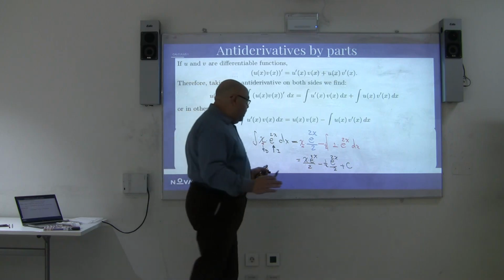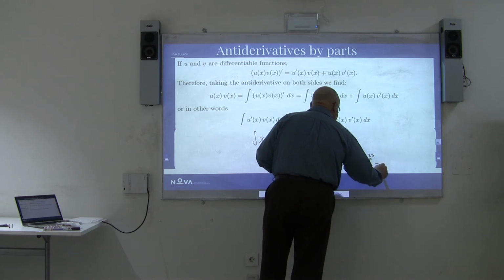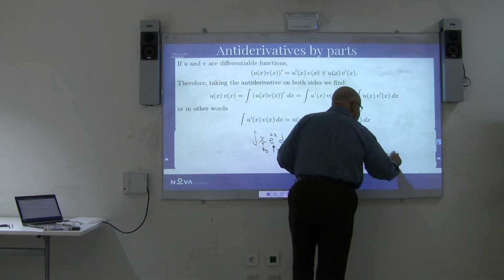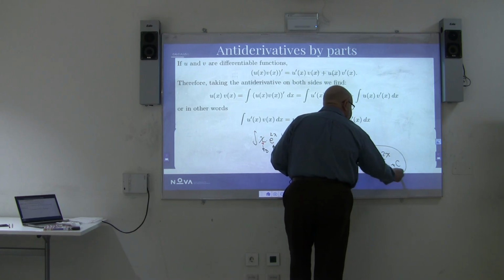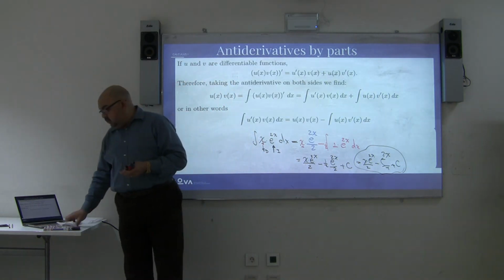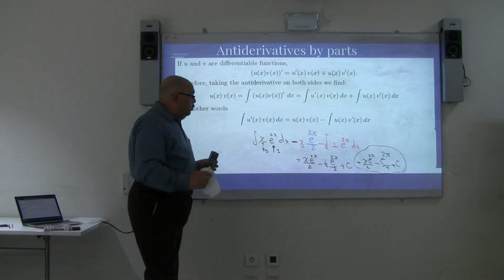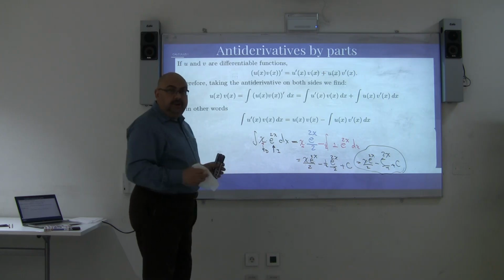Then the final step is to have x times e to the power of 2x over 2 minus e to the power of 2x divided by 4 plus a constant of integration, as you can see, which is really a very important application of integration by parts.